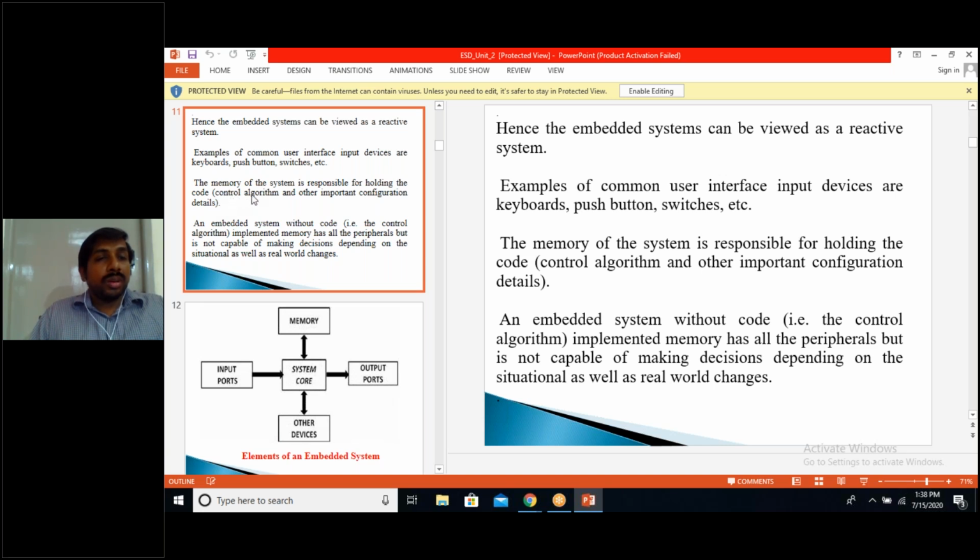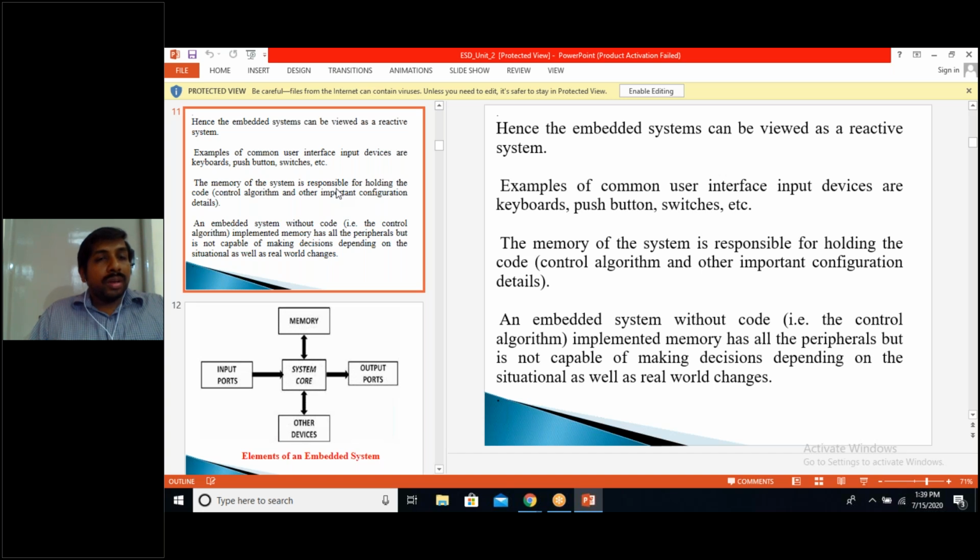If you consider a washing machine, it will take the clothes and water and wash them for a certain time. For that also some algorithm is written. So each embedded system is unique, and the control algorithm is written as a software program into the hardware, and some sensors are detecting the inputs by using push buttons or switches, and it is controlling the output.